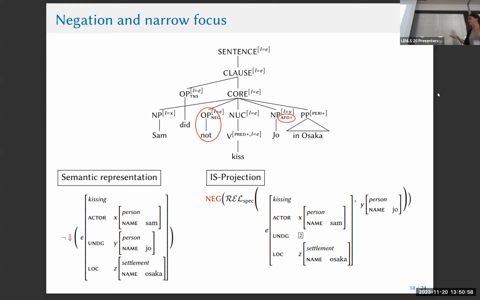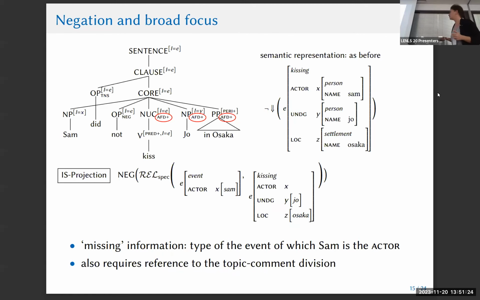And at the information structure projection, the negation will target the relation that I call spec, but whatever you want to call it. Whatever this relation is, or what is happening with identification, what missing information is filled in, is dependent on what the focus structure was. And that's derived during the whole process of the generation.